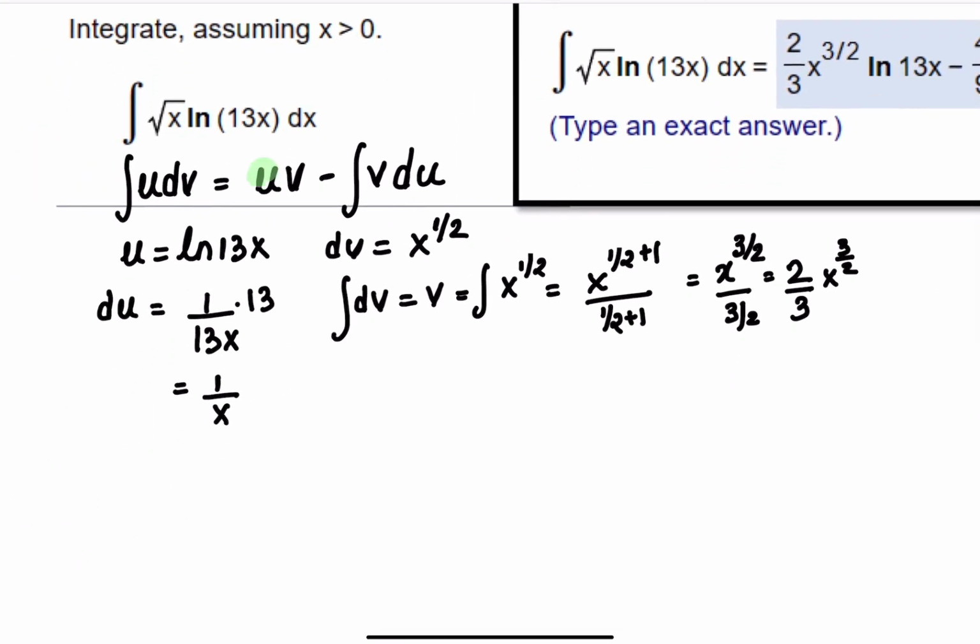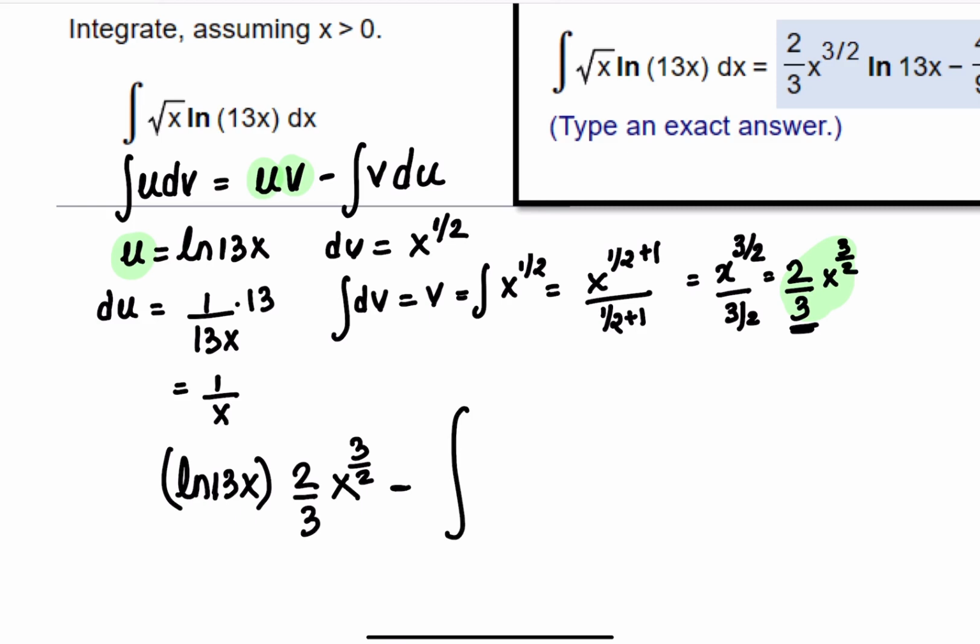The formula calls for my u and v. So this is my u, ln 13x. I like to put that in parentheses so I don't make a mistake, times 2 over 3 x to the power 3 over 2. Remember, this is your v, minus the integral of v, which is the same thing again, 2 over 3 x to the power 3 over 2, times du.